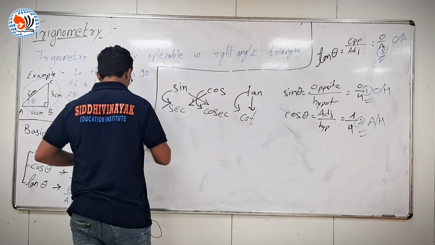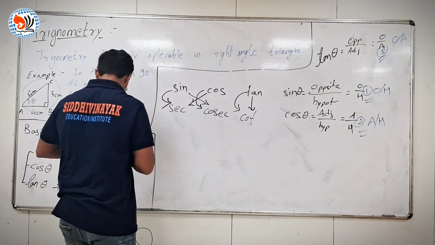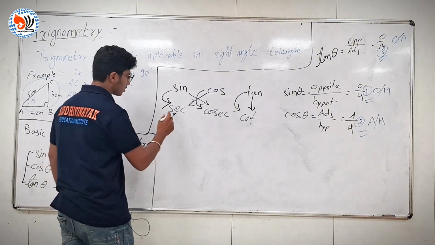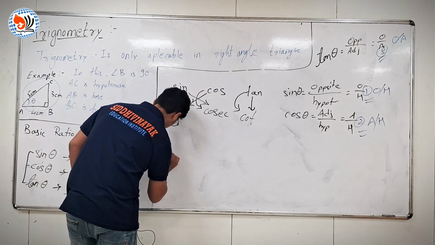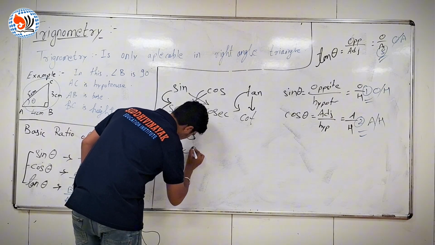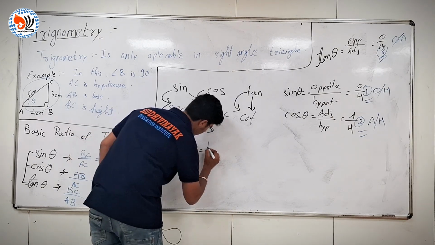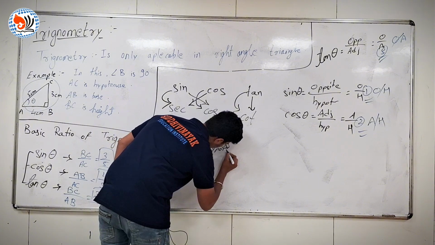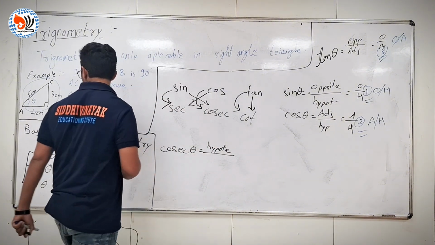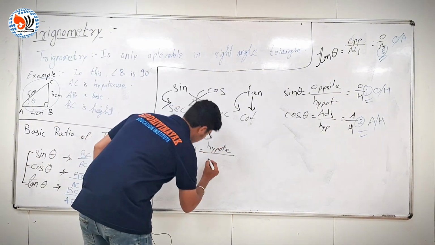So the value of cosec theta will be hypotenuse upon opposite side.